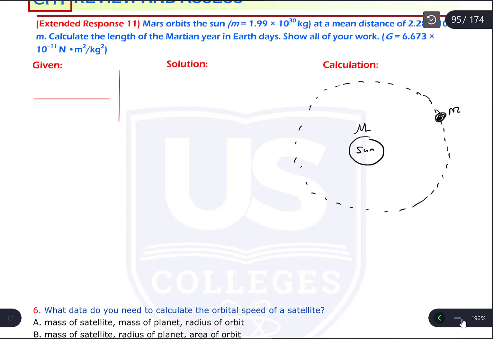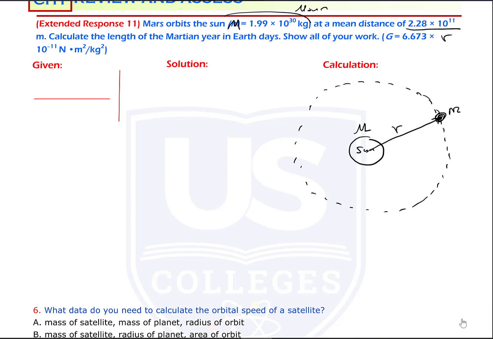This is the mass of the Sun, which is big M. At a mean distance, the mean separation from the Sun to Mars is the radius of the circular path, of course. So R, and this R is 2.28 times 10 to the power of 11.